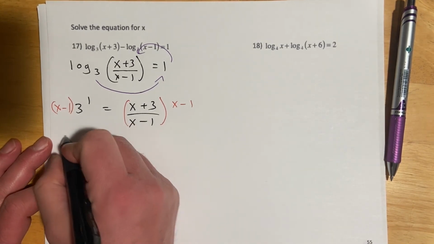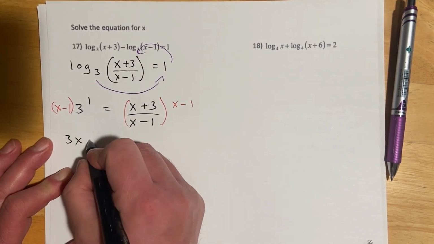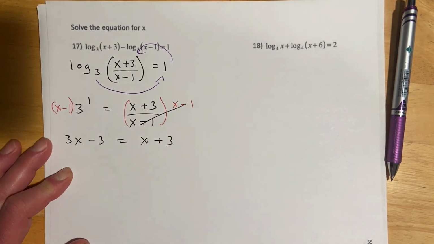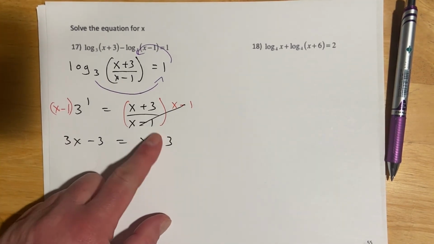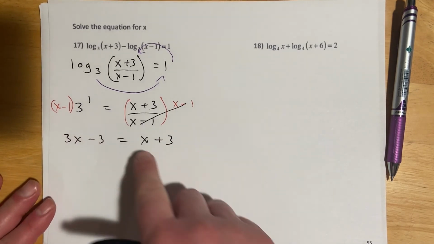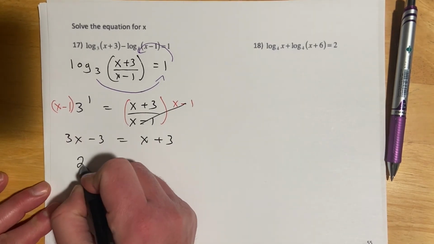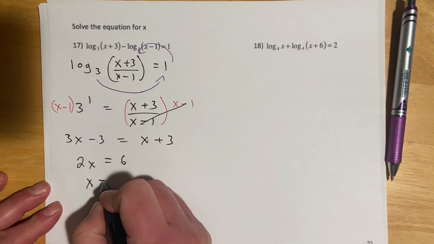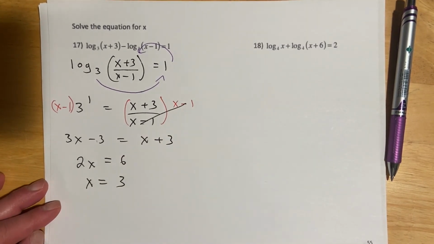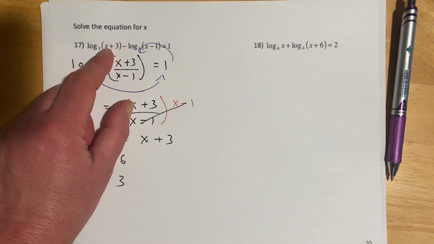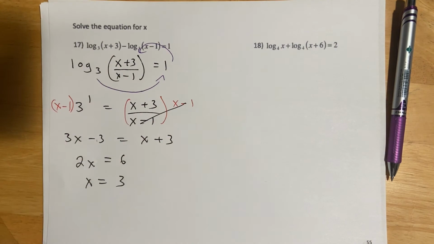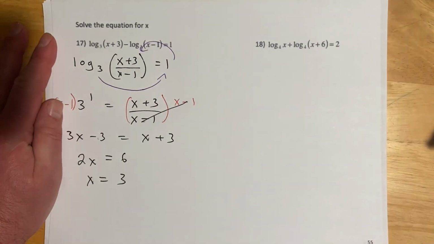And then we'll have 3x minus 3 equals x plus 3. This one's linear, so we want x's on one side, numbers to the other. So bringing that x over is going to give me a 2x. Bringing the 3 over is going to give me a 6. And x equals 3. Checking my answer, 3 plus 3 will give me 6. 3 minus 1 is still 2. So those are both positive, so this is okay.